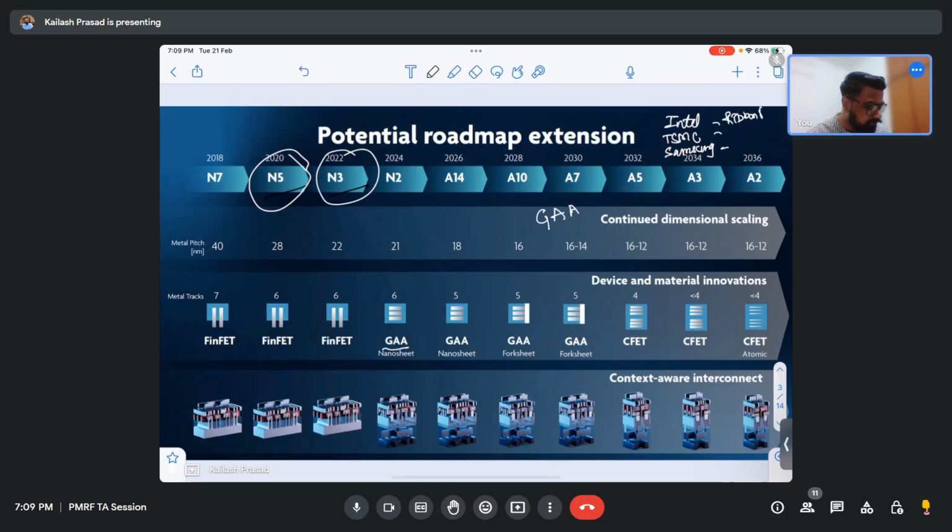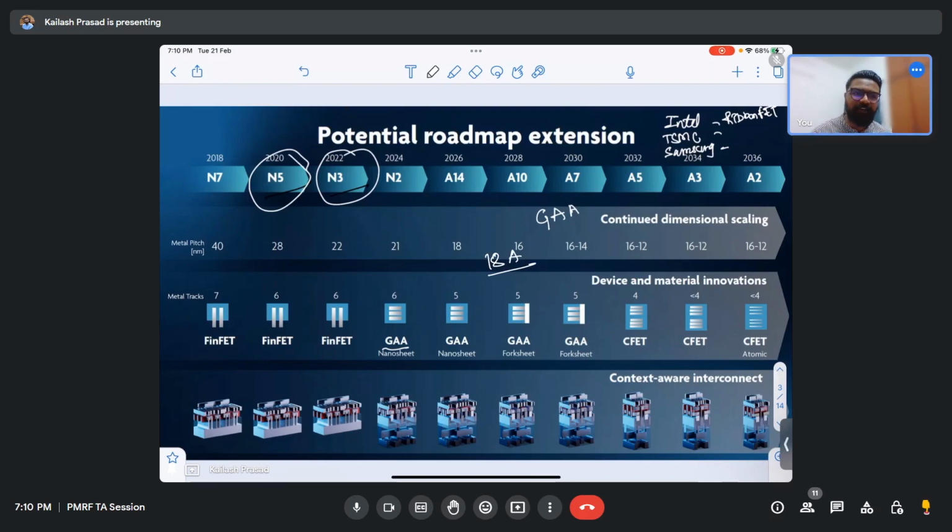I think last year Intel showed their roadmap, and in it they said that their latest technology would be named 18A. As of now, whatever technology you have heard of is in nanometers: 180 nanometer, 130 nanometer, and more recently 5 nanometer, 3 nanometer.